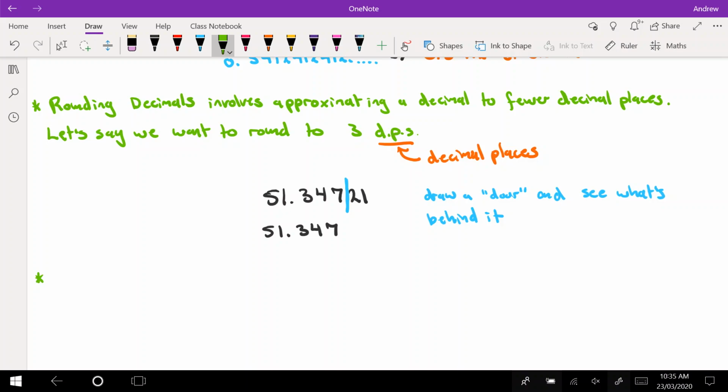But can't you round 21 to 20? No. It's because we're rounding it to the 3rd decimal place. That is just accounting for this number here. Oh yeah, so it turns into 70. Yeah, okay. I got confused there.